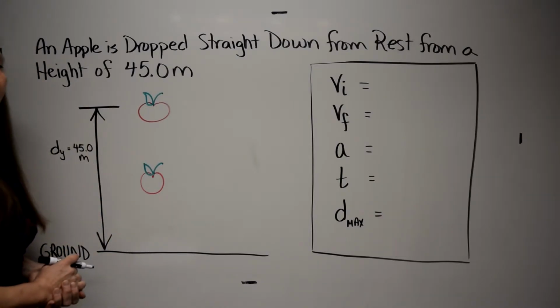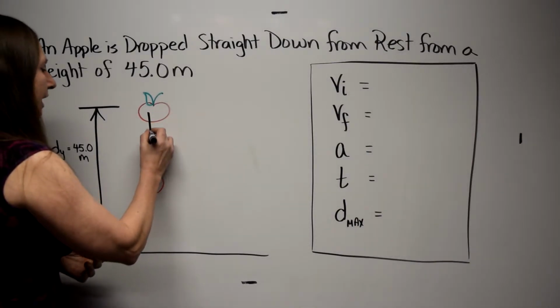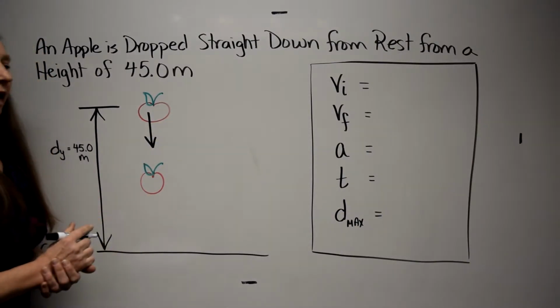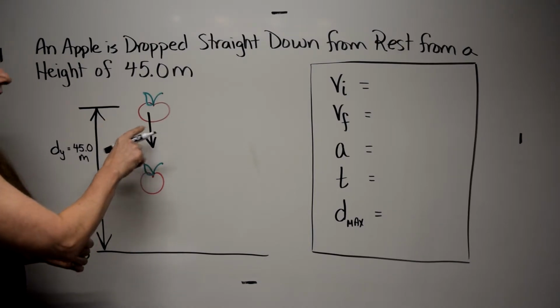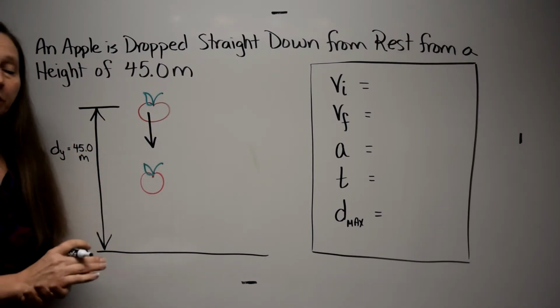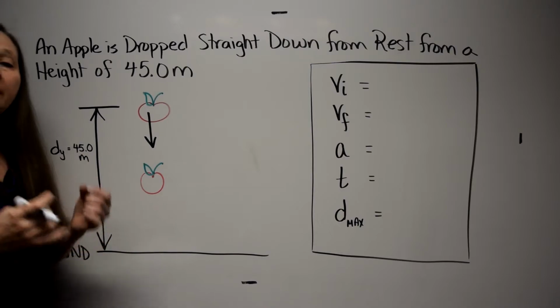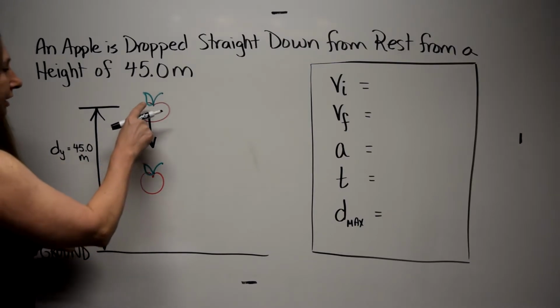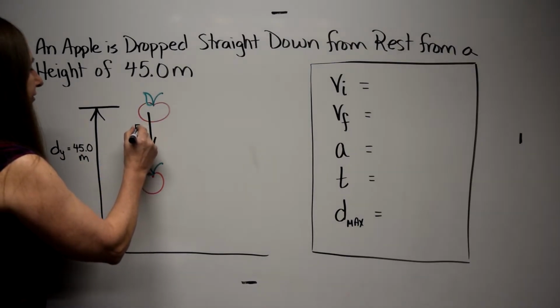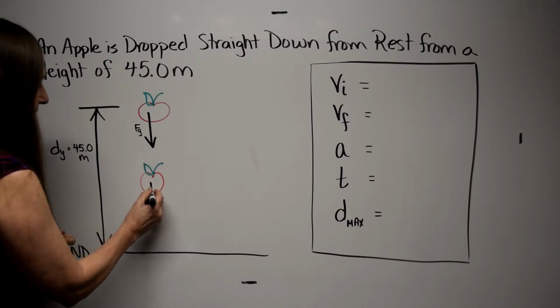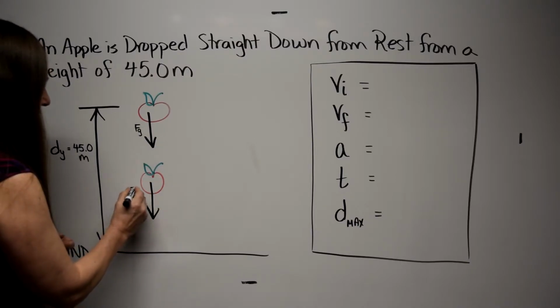Now, we know that the apple experiences a force downward. All right, I'm going to offset this arrow slightly from center because we'll also be drawing in the acceleration of the apple. All right, so the apple experiences a force, Fg, all the way down.